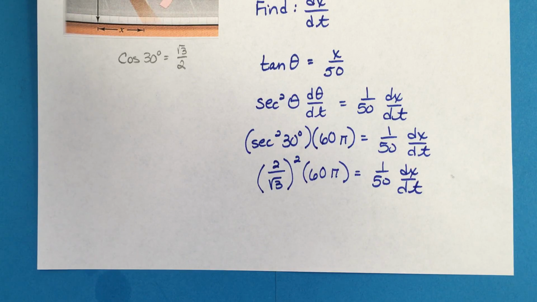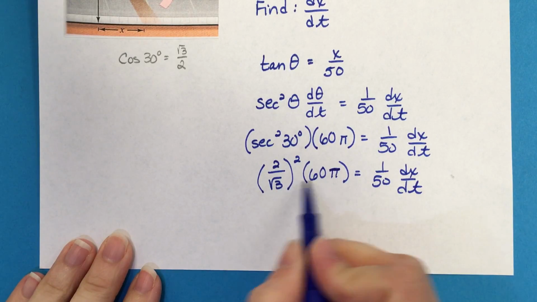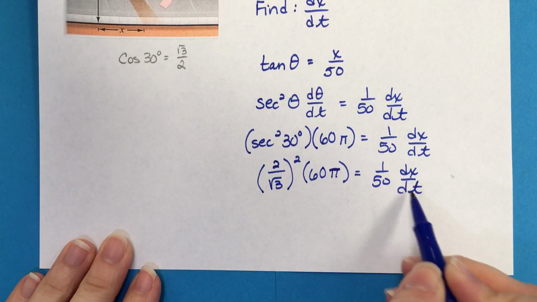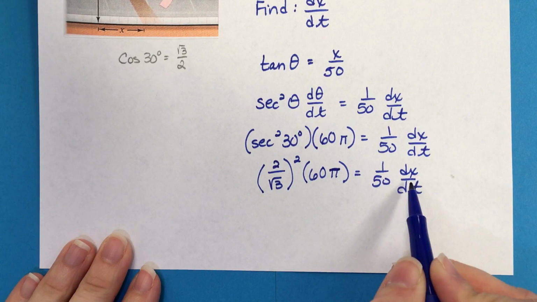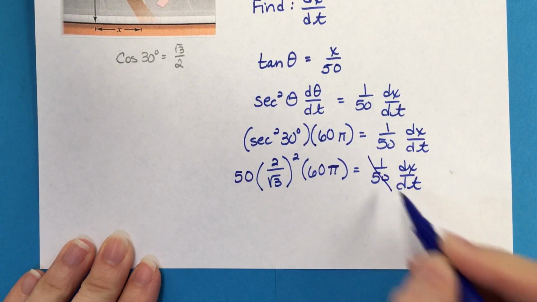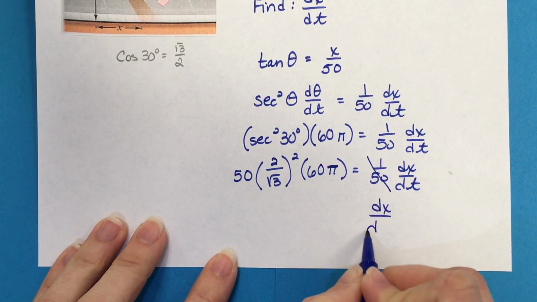Just so we're putting all this in the calculator at one time, before I put all of this in, if I were to get dx dt by itself, that would mean I need to multiply both sides by 50. So I'm going to put the times 50 here, and we'll mark that out. That'll be gone. All right, so dx dt.